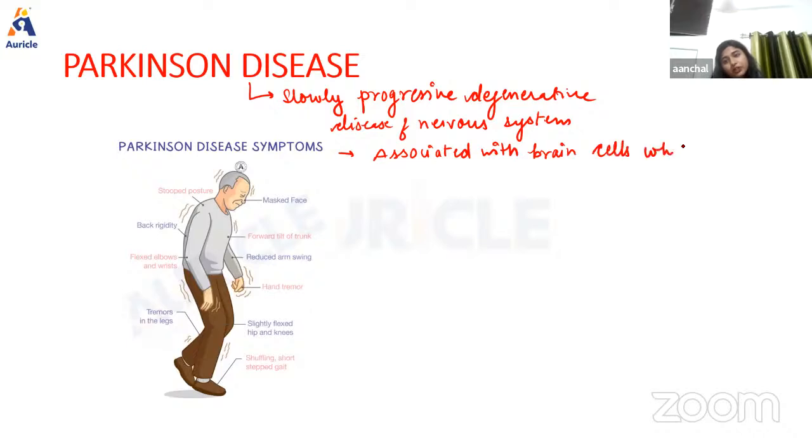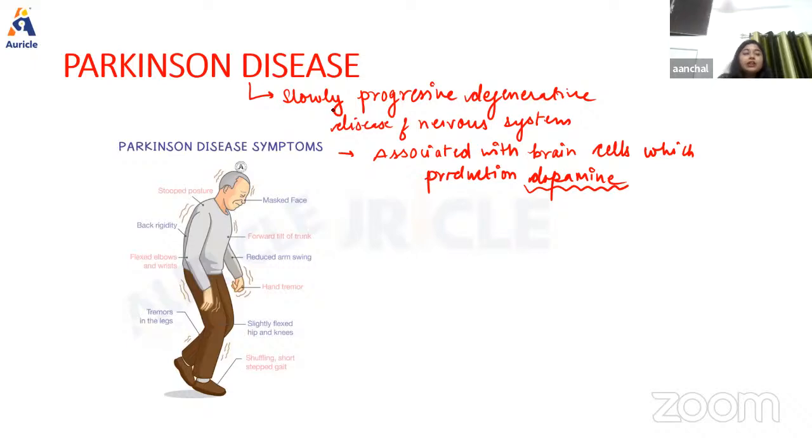So if the cells which produce dopamine get destroyed, a deficiency of dopamine will occur. As we can see in the diagram, the various symptoms are shown by this person. As we know, Parkinson's disease occurs due to lack of dopamine, and is caused by damage of the basal ganglia.